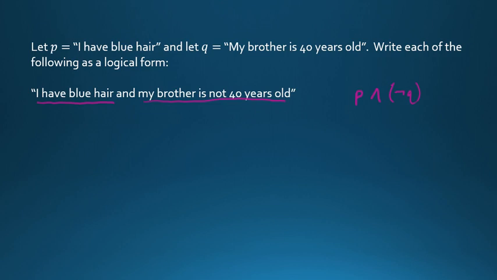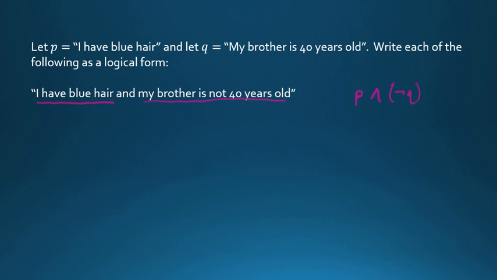So if you're taking the negative of just one thing, of one letter, and there's no other symbols involved in what you want to take the negation of, parentheses not needed in any way, shape, or form. If you want to take the negation of many things or many combinations of things, everything that you want to take the negation of, put parentheses on it, and then put this sign out in front of those parentheses.